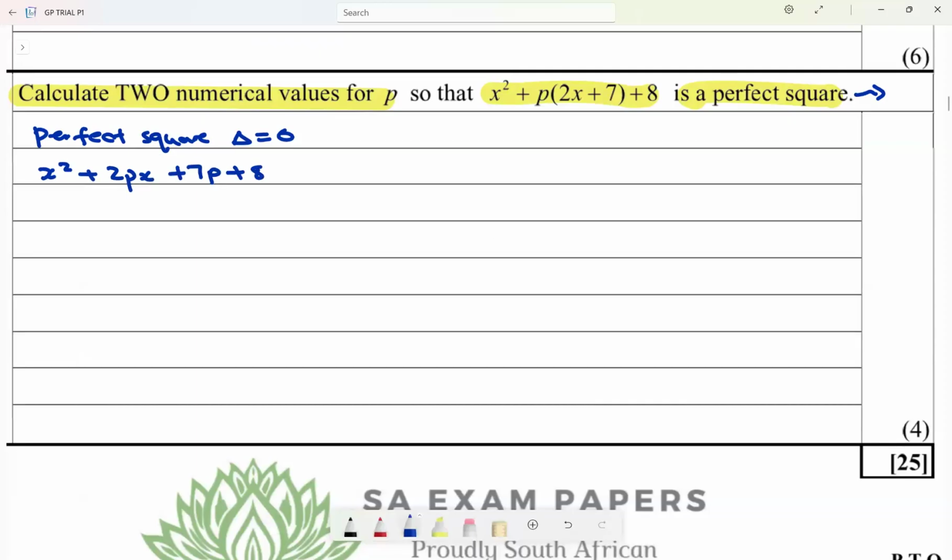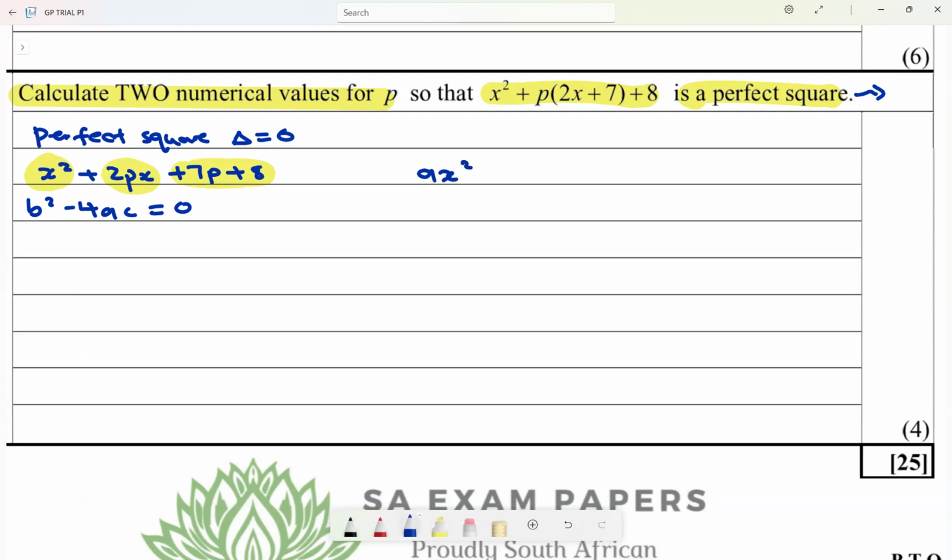And then the discriminant, which is b squared minus 4ac, needs to be equal to 0.